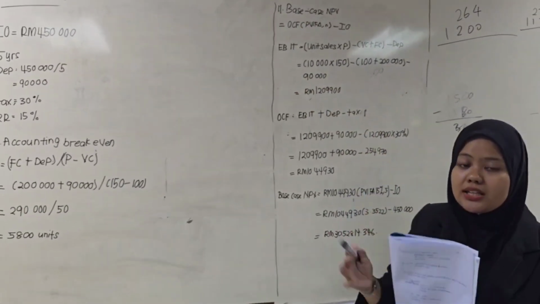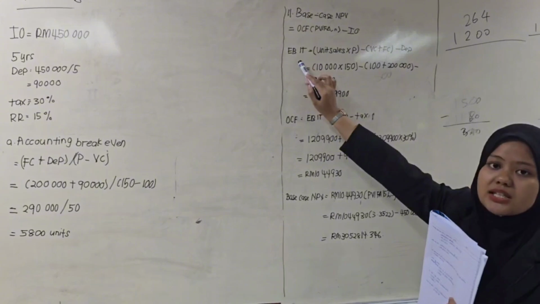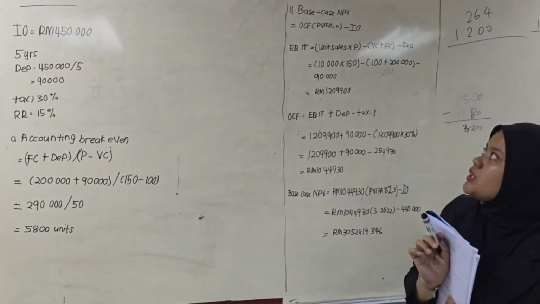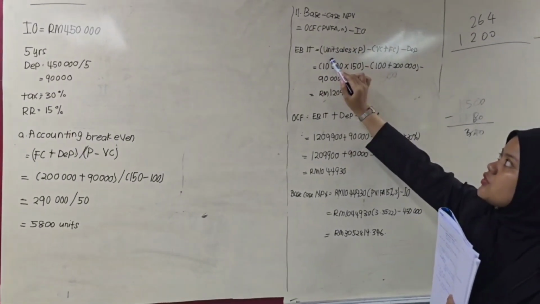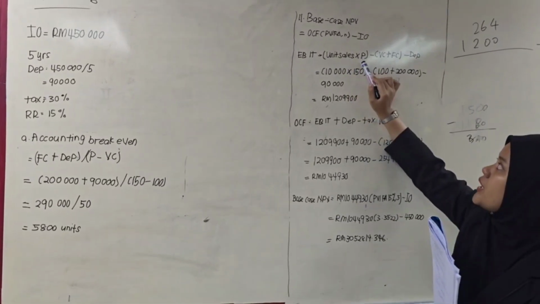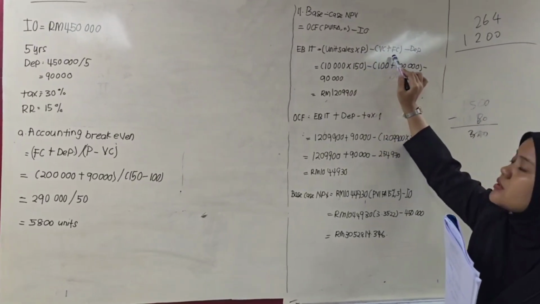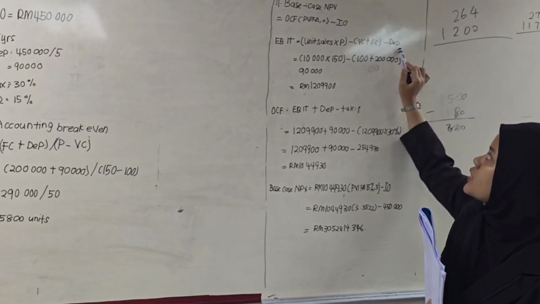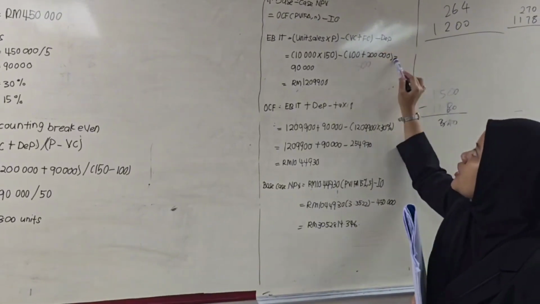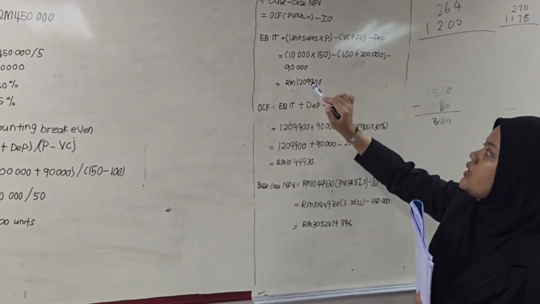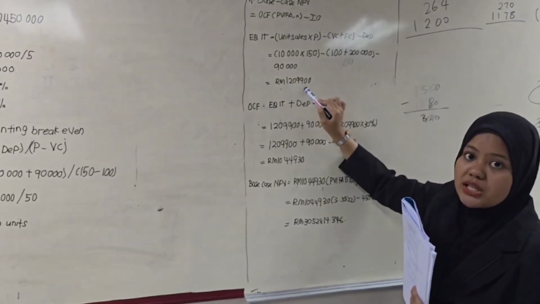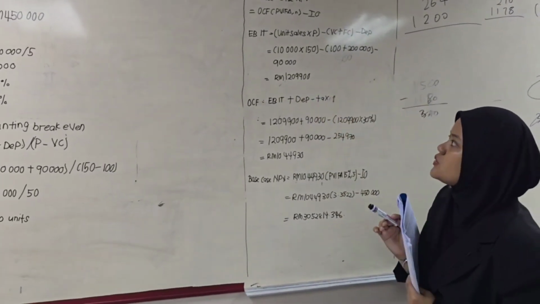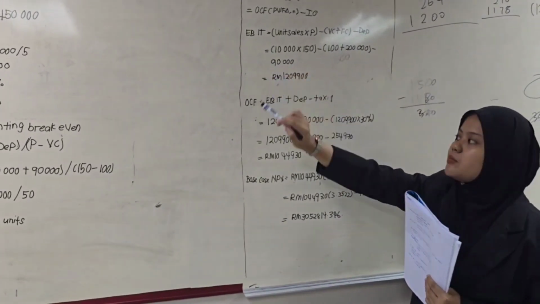Tapi dalam soalan ni dia tidak bagi, jadi kita perlu cari sendirilah. Untuk formula EBIT ni kita perlu gunakan formula unit sale, kita darab dengan harga, tolak variable cost plus fixed cost dan tolak depreciation. Masukkan dalam rumus ni, kita dapat 120,9900.